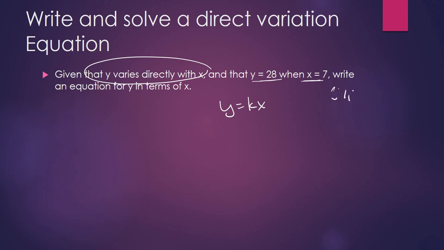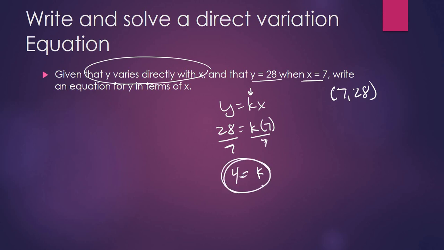So that represents the pair 7, 28. So using that, I should be able to find my k value. So 28 equals k times 7, divide by 7, and I get k equals 4.